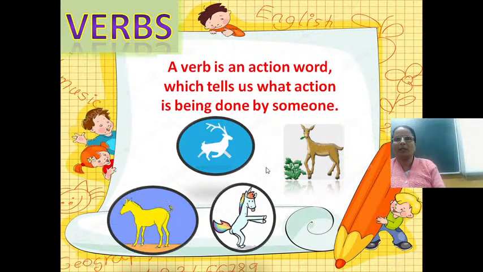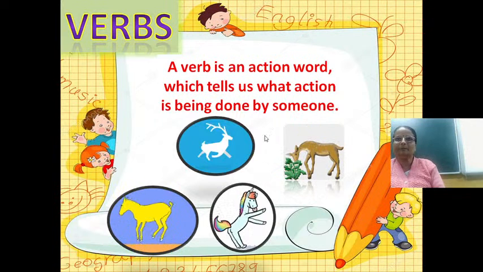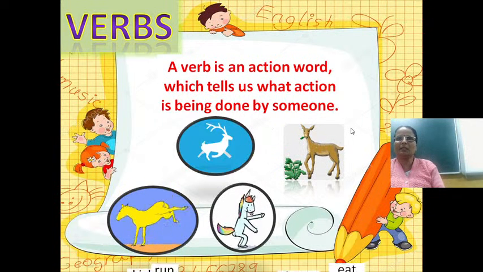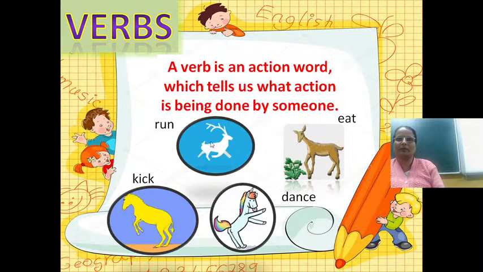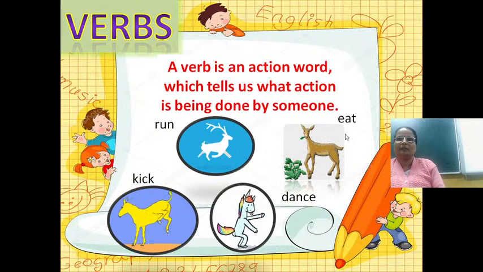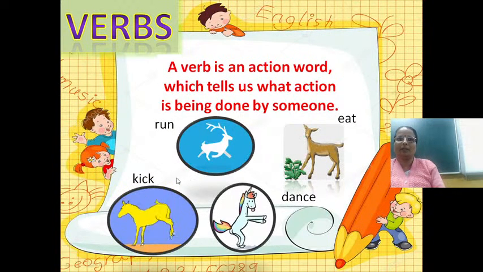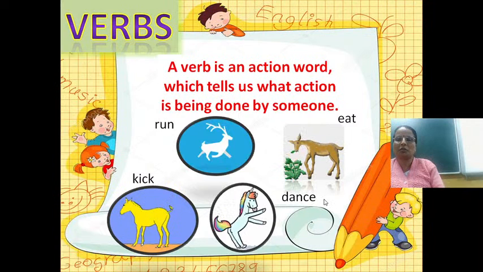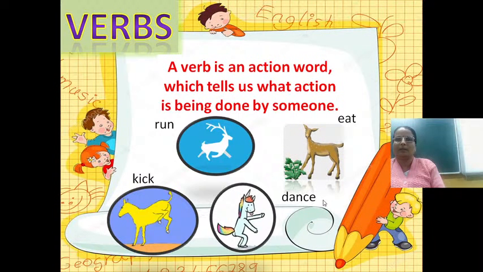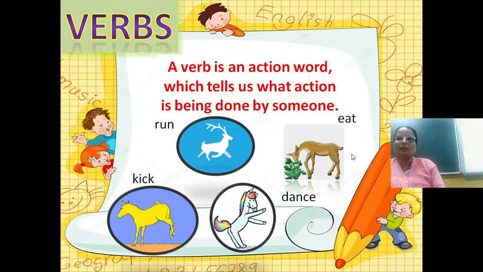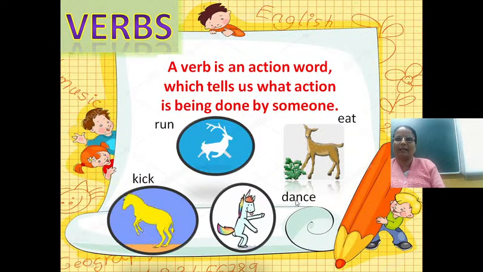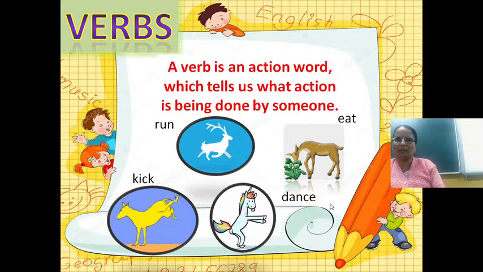So jumping is a verb. Now here you can see some other verbs as samples. Run, eat, kick, dance. These four words which you see here are showing some actions. So run, eat, kick and dance are verbs.